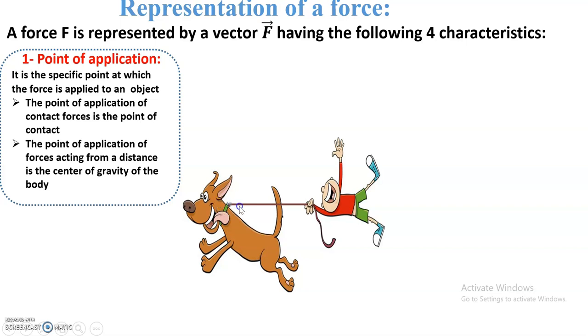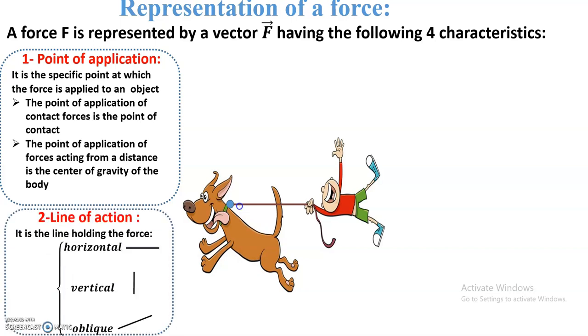Okay. The second characteristic is the line of action. When we ask what the line of action is, we should answer horizontal, vertical or oblique. It means the line holding the force. Here, the line of action is horizontal, but does the boy push the dog to the left or to the right?